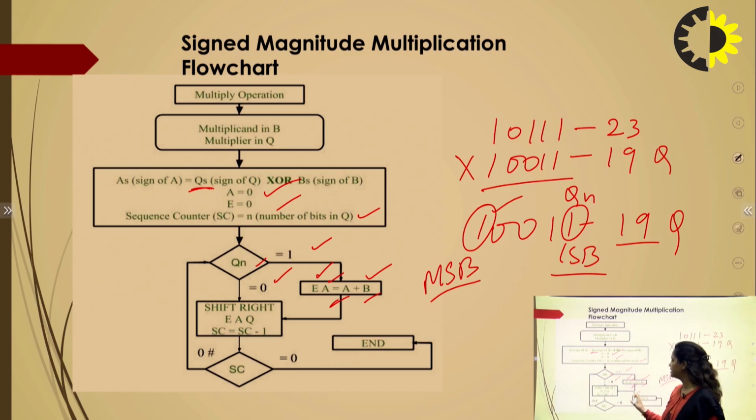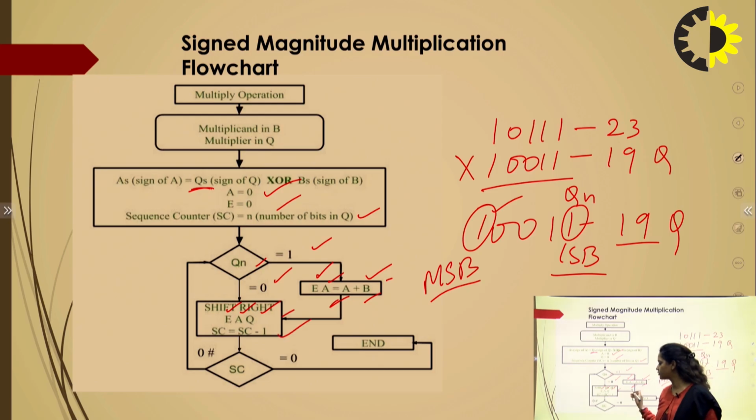And after this, if it is 1, we have to perform this addition operation between the accumulator and the multiplier bits. Then we have to perform a shift right operation on the E bit, accumulator bits and the multiplier bits Q, moving the bits one by one toward the right-hand side once.